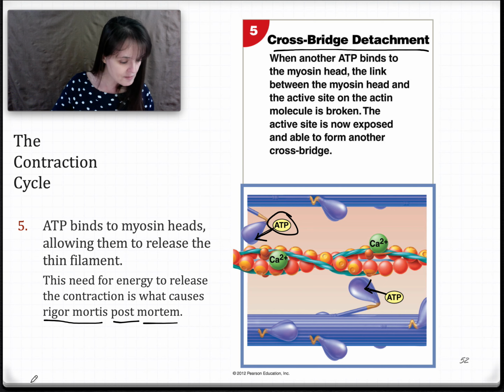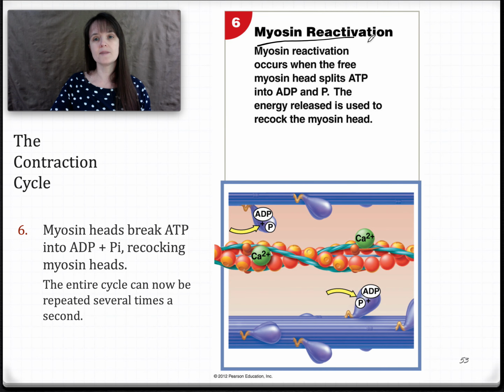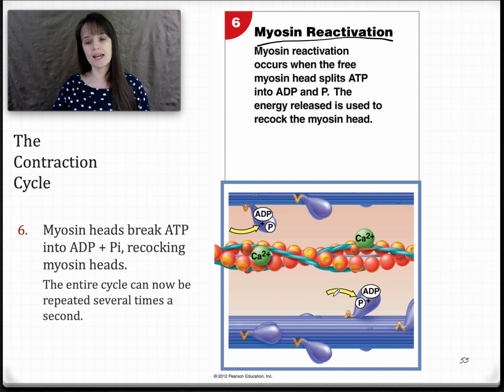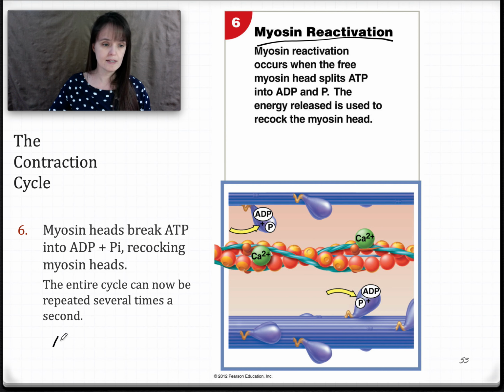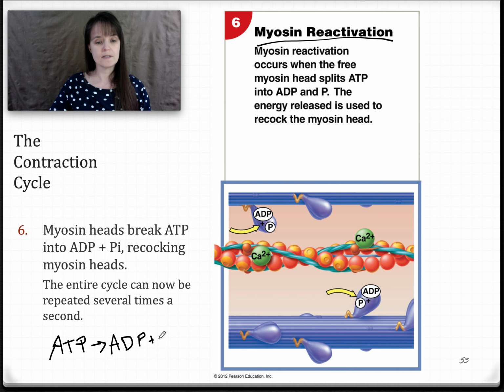Okay, so that was number 5. Number 6, the myosin is reactivated when the ATP breaks down into an ADP and a phosphate group and releases energy.